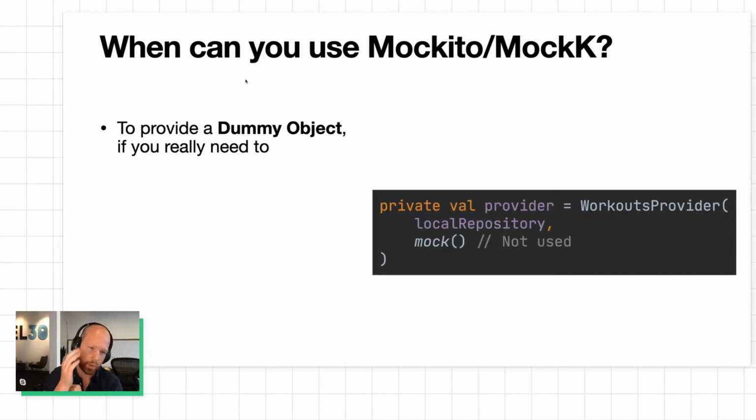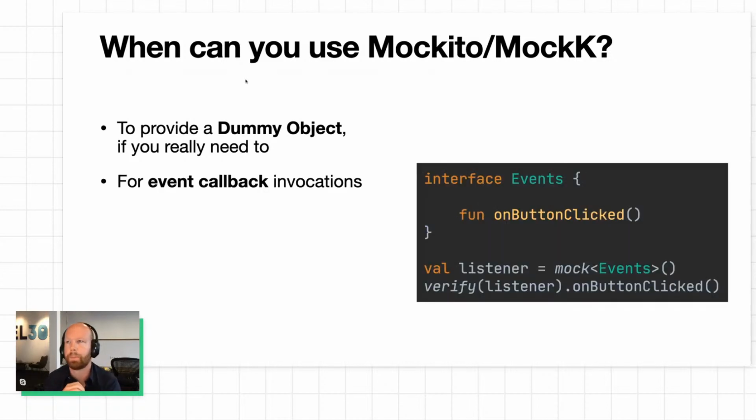And the other one is for event callback invocations. In this case, we have an events interface, which has a function of button clicked, and in our test suite, we want to ensure that this on button click function is actually invoked. The Mockito syntax for that is really clean, so you can just call this mock function for the events interface and verify that this on button click function is called.